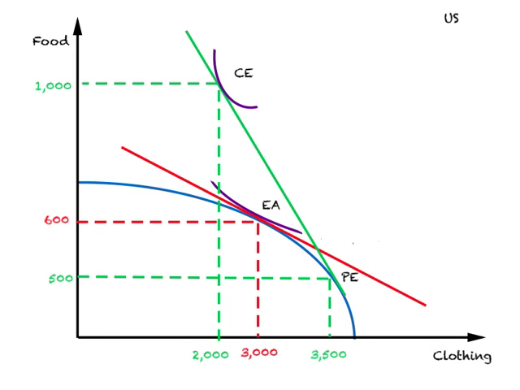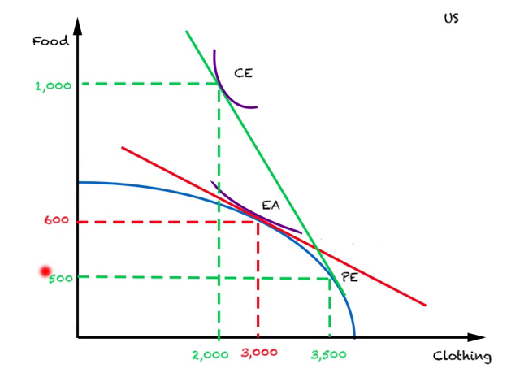Now let us move on to the food side, and what you find is that at consumption equilibrium under free trade, the consumption of food by Americans will be 1000 units. How much food is produced in the US? It is 500 units. So the difference between 1000 units and 500 units is 500.